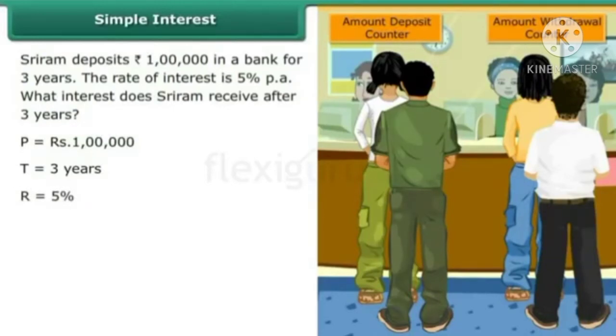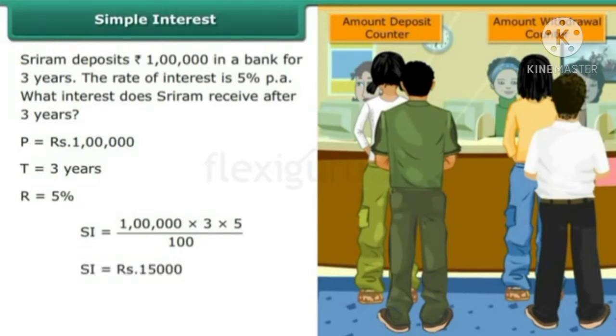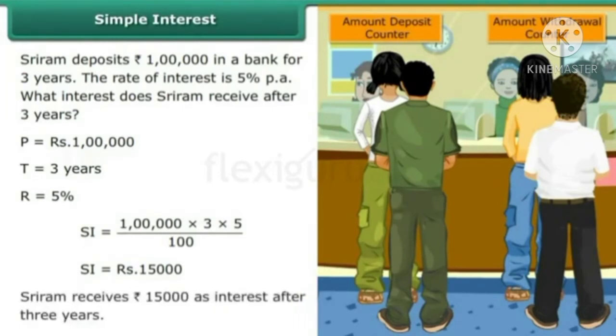Now substitute the values in the formula. SI equals PTR by 100. So 1 lakh into 3 into 5 by 100. Calculating, we get 15,000. So Sriram received 15,000 as interest after 3 years.